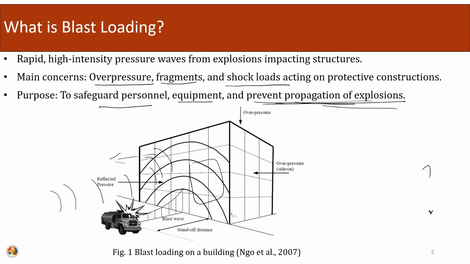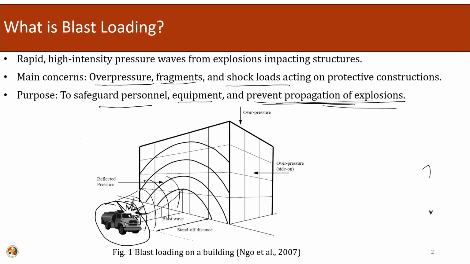Here we can see a diagram in which the propagation of blast loading is shown. Here the example of a truck filled with explosive is taken and the explosion occurs near a building. Once the explosion occurs, the blast pressures will travel and hit the building.